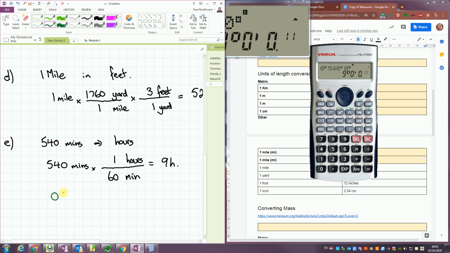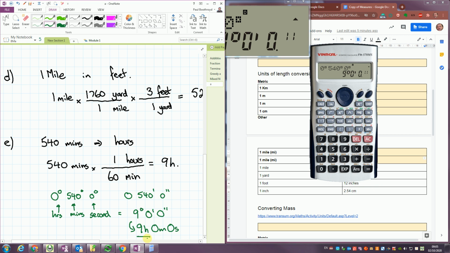I can say 0 hours, 540 minutes, 0 seconds, and when I press equals my calculator tells me 9, 0 and 0 double dash, which it reads as 9 hours 0 minutes 0 seconds.